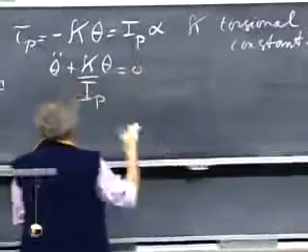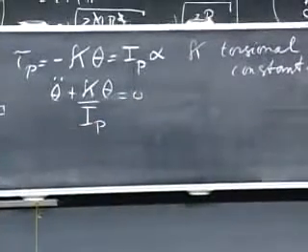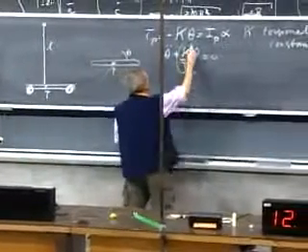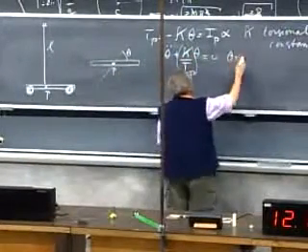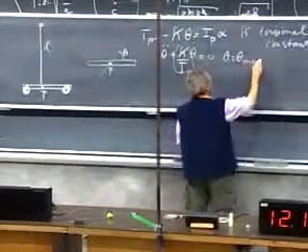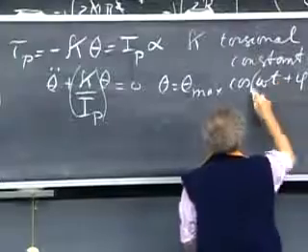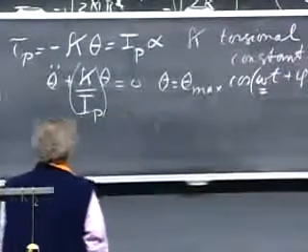So we have a differential equation. It's clear that you're going to see a simple harmonic oscillation. This is a constant. And so you're going to get theta equals theta maximum times the cosine of omega t plus phi.